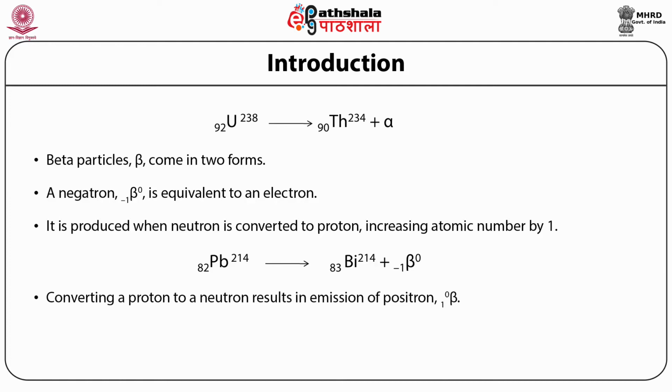Converting a proton to a neutron results in the emission of a positron, +1 beta 0. Phosphorus with atomic number 15 and atomic weight 30 is converted, with the emission of a positron, to silicon with atomic number 14 and atomic weight 30.